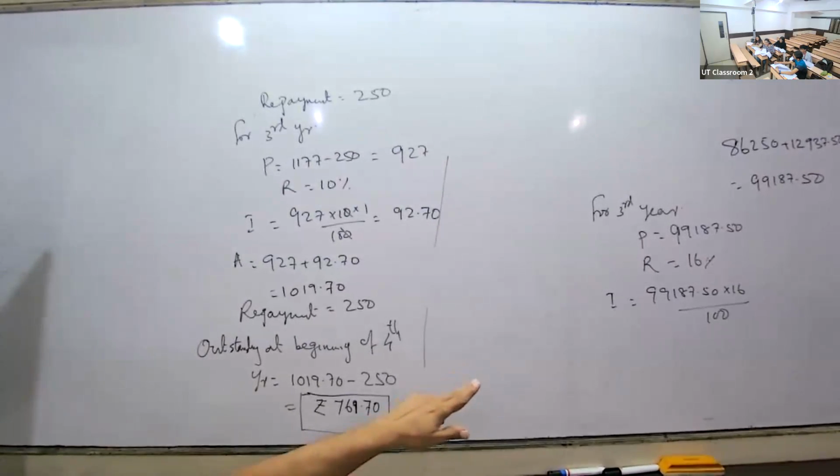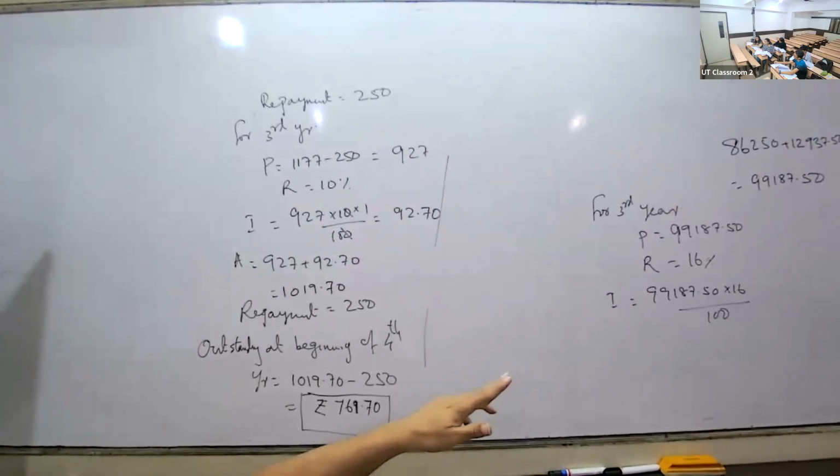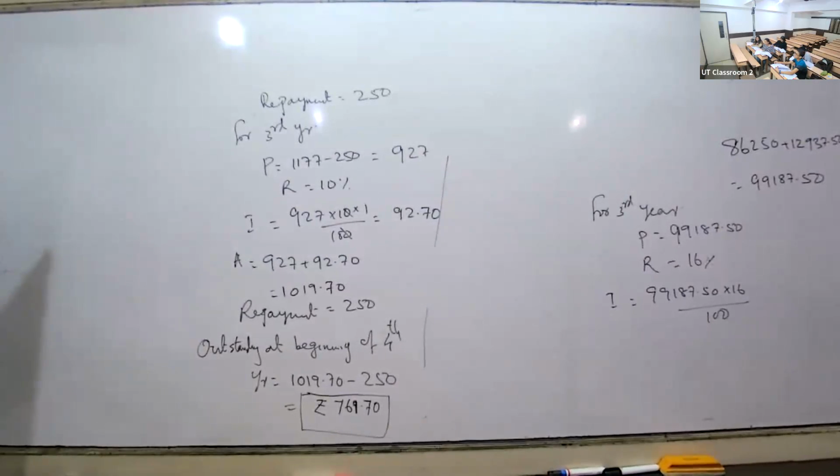What did you multiply? 99,187.5 into 16 only, done now? So it is coming as 1,587,000. Divided by 100 means 15,870. Be careful.